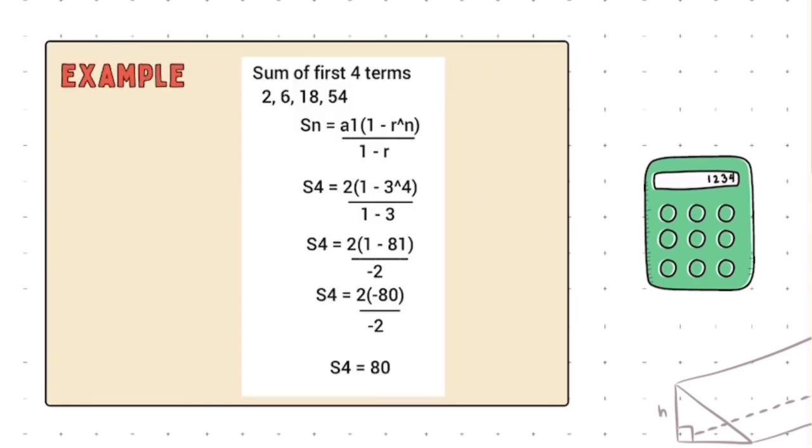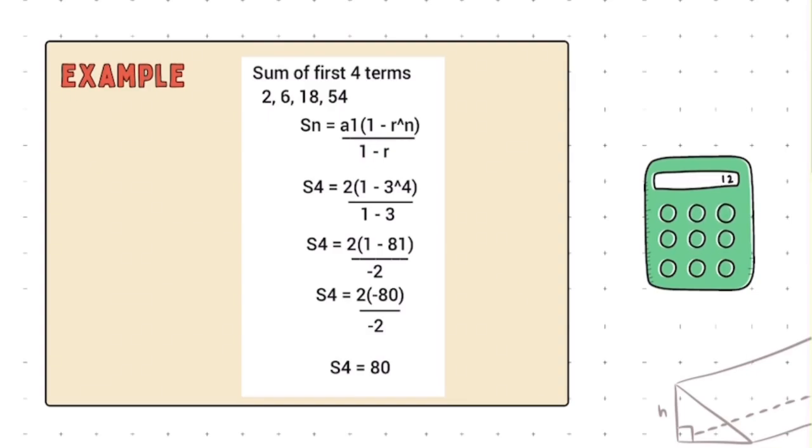Example 1. Find the sum of the first four terms of 2, 6, 18, and 54. Here, the first term is 2, the ratio is 3, and n equals 4. S sub 4 equals 2 multiplied by the quantity 1 minus 3 raised to the fourth power, all over 1 minus 3. 3 raised to the fourth power is 81. 1 minus 81 equals negative 80.